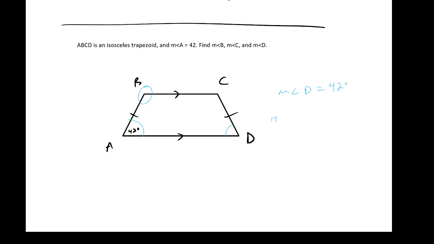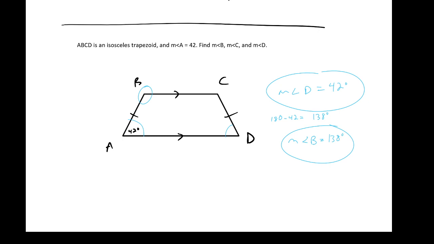So we take the difference, 180 minus 42, and that's going to be 138. So the measure of angle B is equal to 138 because of that supplement.